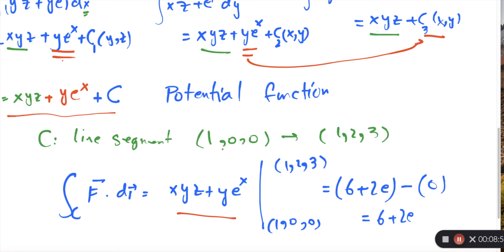And that should be, again, the same thing. You evaluate the potential function at one point, and then you evaluate the potential function at the other point, and you subtract. It makes sense in physical properties of the potential function also, so you find a difference in there.